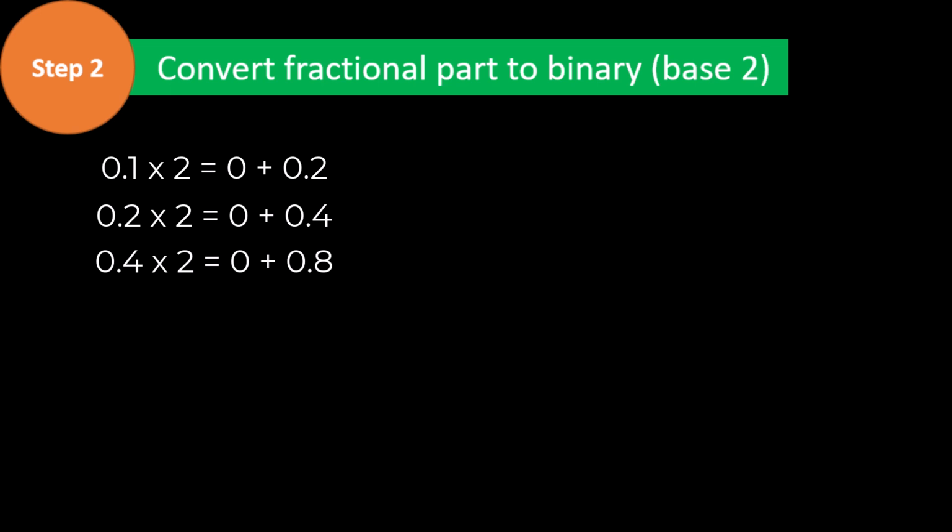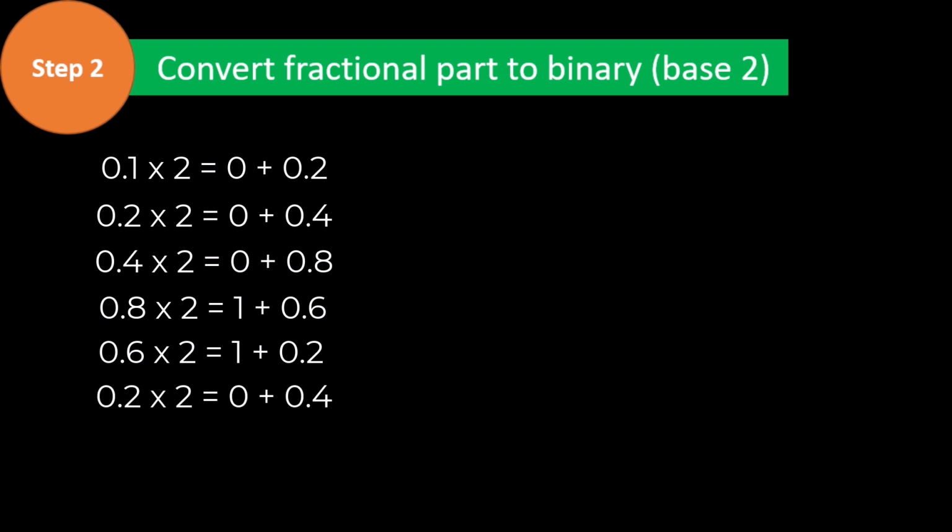We take 0.8, multiply by 2, that makes 1 plus 0.6. 0.6 multiplied by 2 makes 1 plus 0.2. We take 0.2 multiplied by 2, that makes 0 plus 0.4. It's like an endless loop because we never get a fractional part that is equal to 0, so we lose precision. It is the same as when we divide 10 by 3 in decimals, we get 3.333, etc.